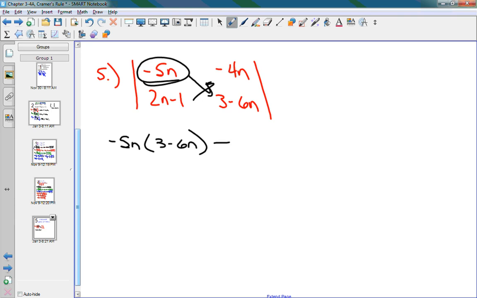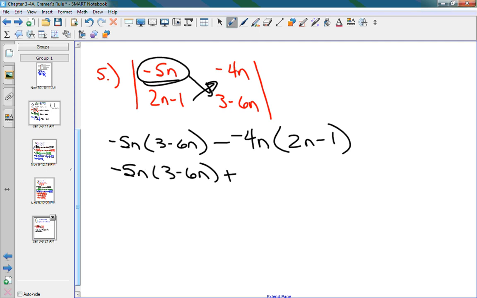Subtraction, and then I'm going to calculate the other diagonal. So I'm going to take my single term, which is negative 4n, and multiply it by my binomial term, which is 2n minus 1. Let's minus the negative. Make it positive. Negative 5n times 3 minus 6n plus 4n times 2n minus 1. Now what do I do?